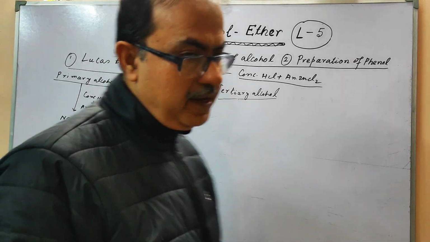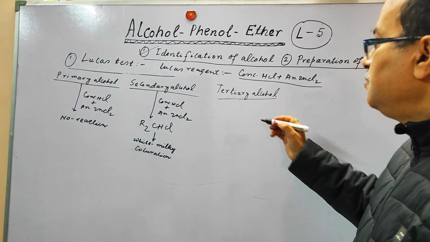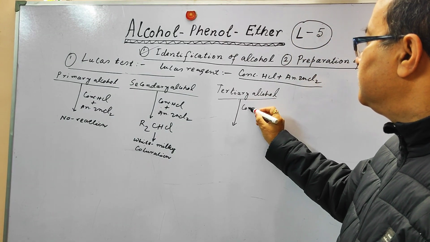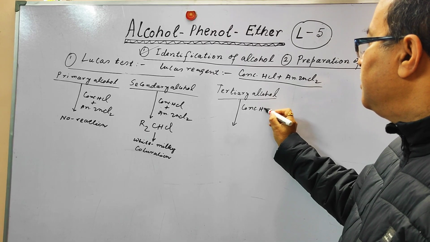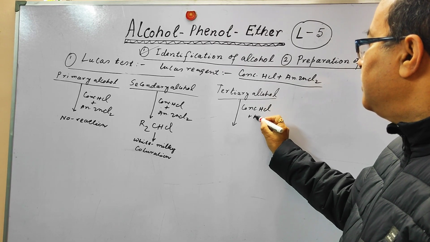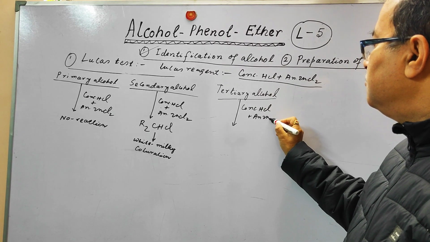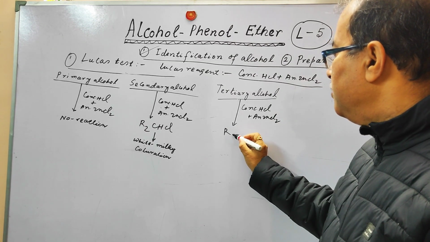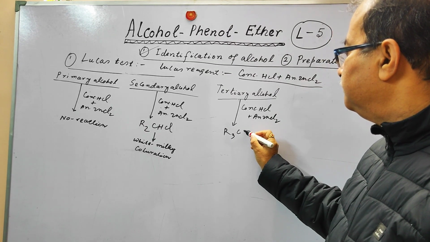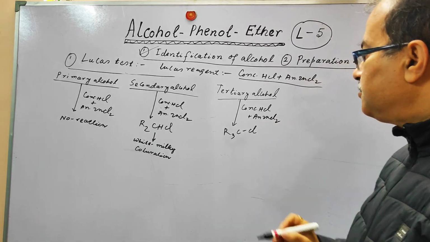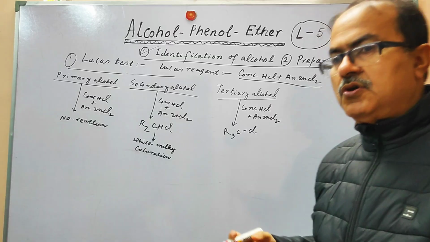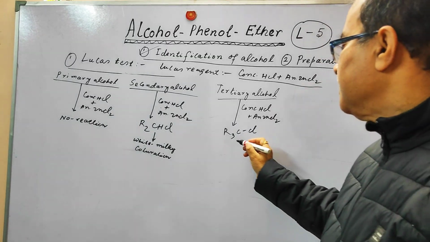And for the tertiary alcohol, as soon as we put this Lucas reagent, concentrated HCl plus anhydrous ZnCl2, what will we find? Immediately it is going to produce this chloride, and there is a change in the solution.